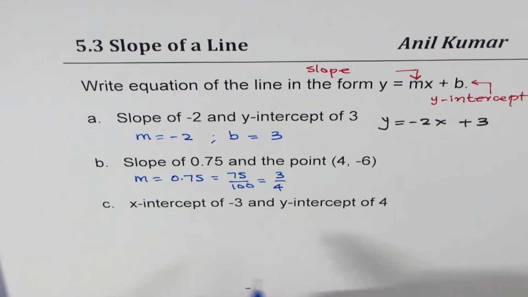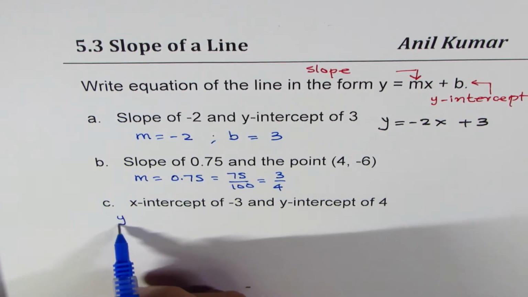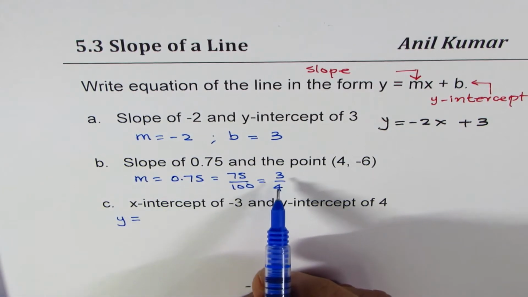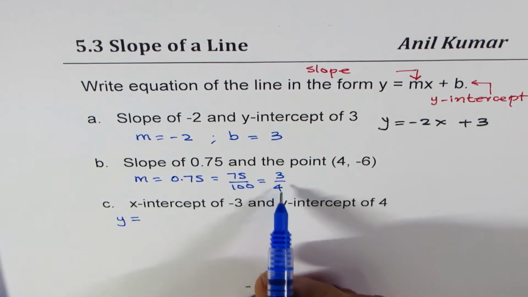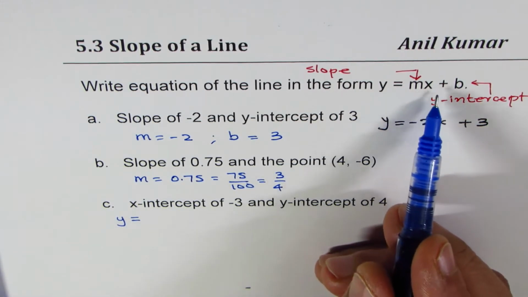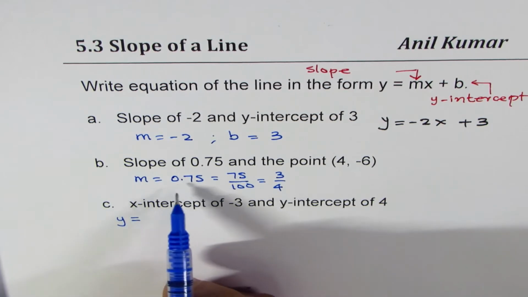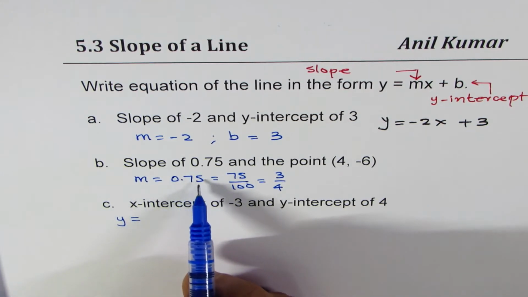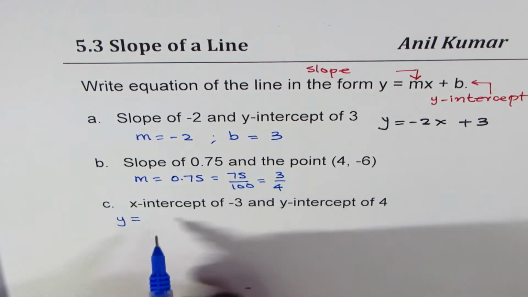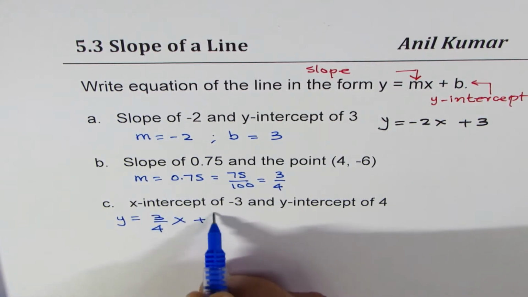So let's do the calculations in this space. From this slope, I'll prefer to write 3 over 4. In fractions, you will see it becomes easier. So y equals mx plus b is the equation of the line. Slope is given to us as 0.75, which could be written as 3 over 4, x plus b.